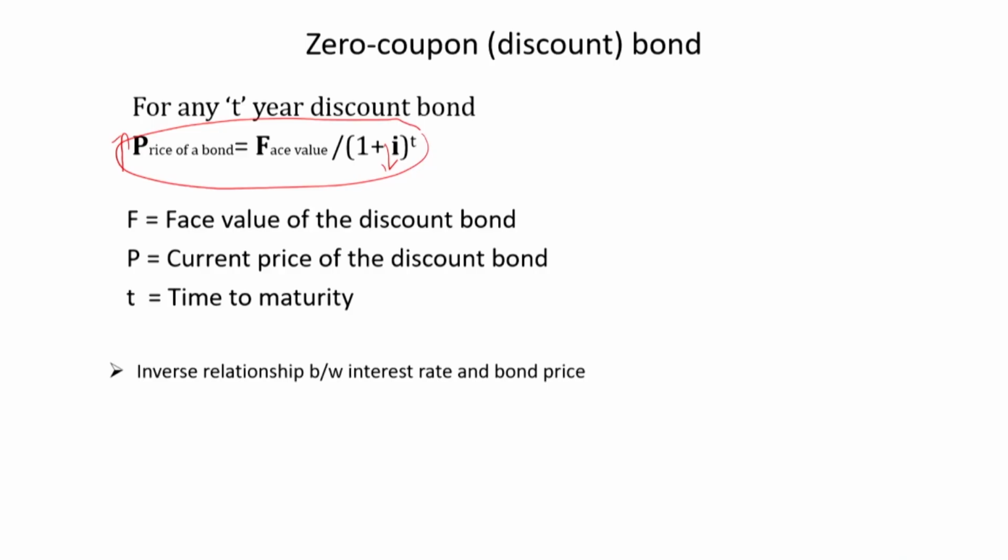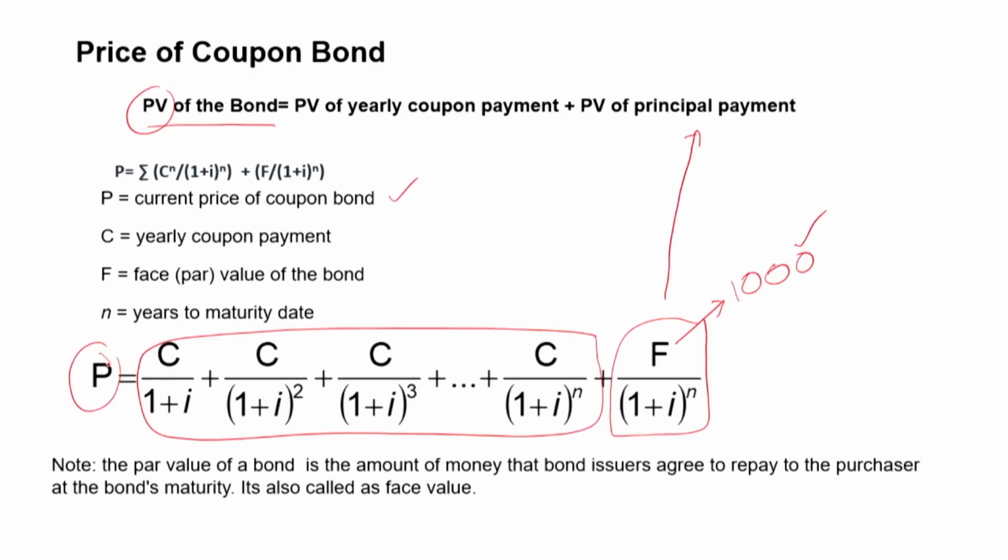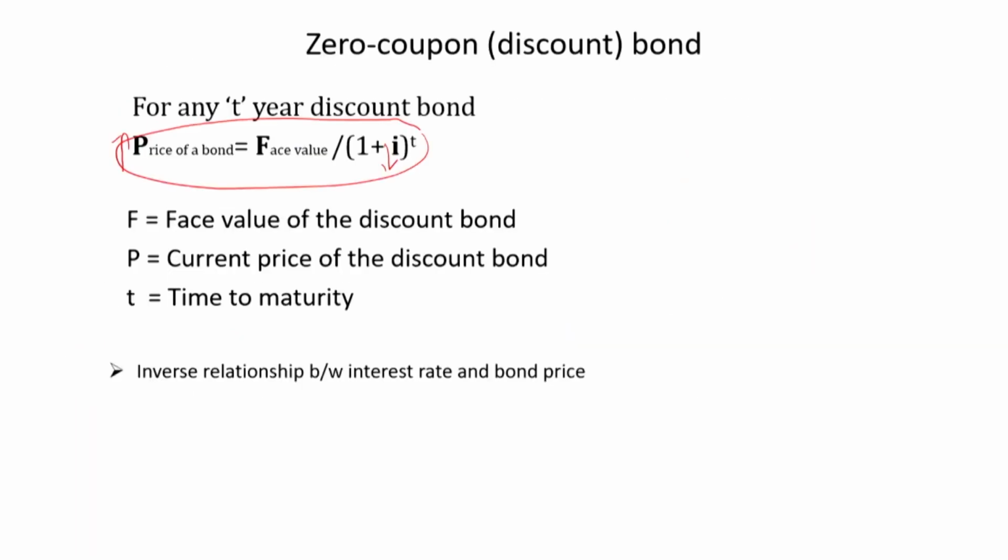In the previous session also, I have given this example. In all these formulas, for example the present value, everywhere the i, the moment we increase i, when the rate of interest decreases, P is going to increase, or otherwise when the rate of interest increases, P is going to decline. So that means there is an inverse relationship between rate of interest and the price of bonds.